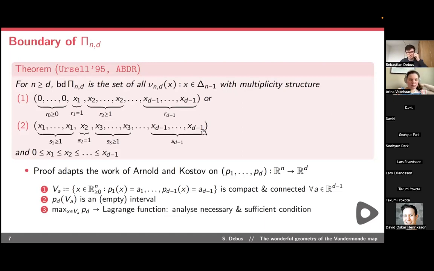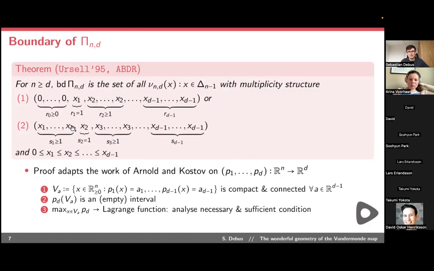So now let's consider one example where d is equal to 3. Then we have d minus 1 is equal to 2. And we see there are only a lot of copies of 1 x1 and one x2 possible, or a lot of copies of x2, or a lot of copies of x1 and one x2.